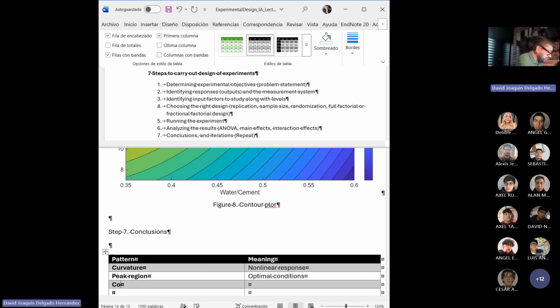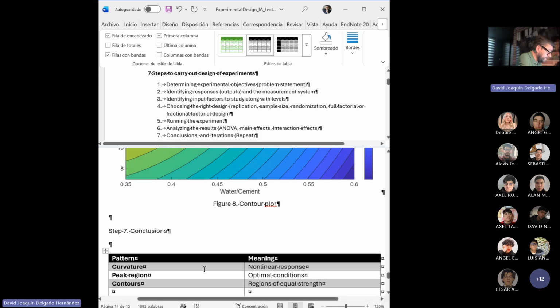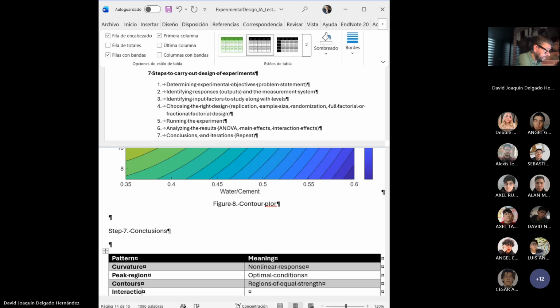Then the contours are regions of equal strength. Finally, the interaction, the meaning is that variables affect each other.